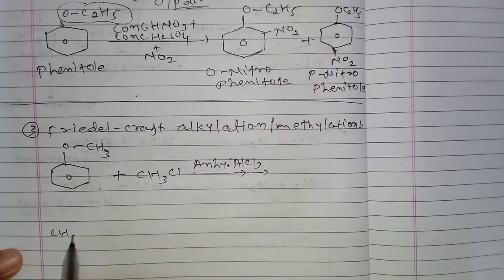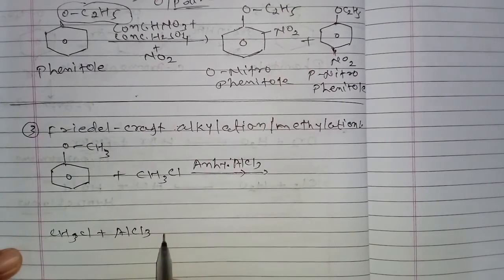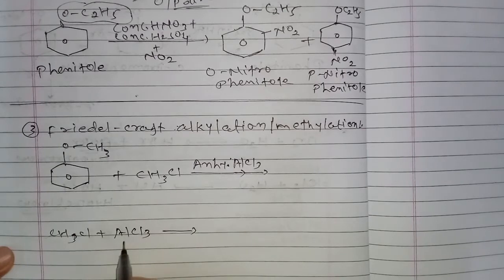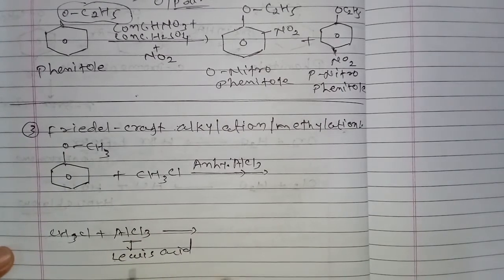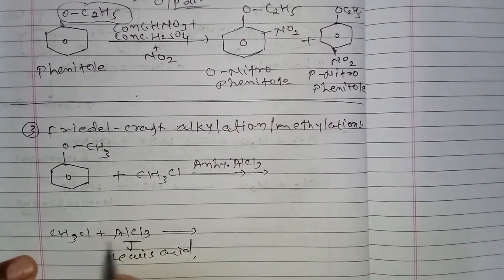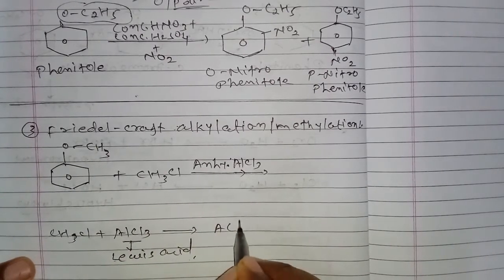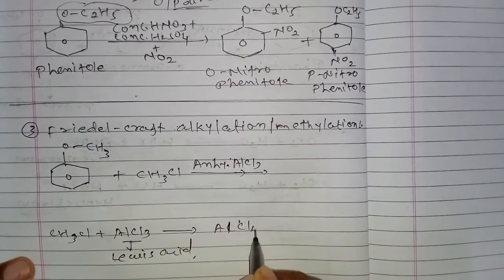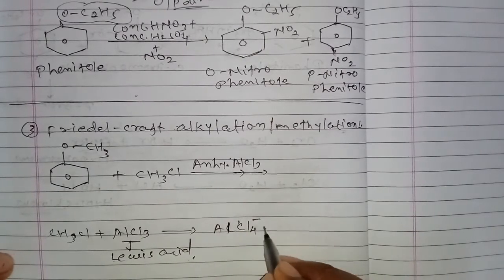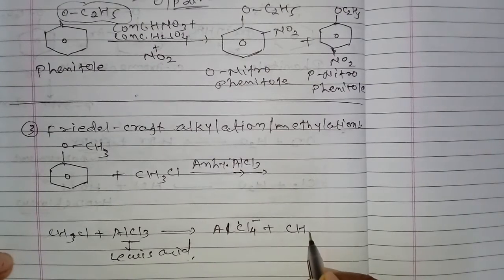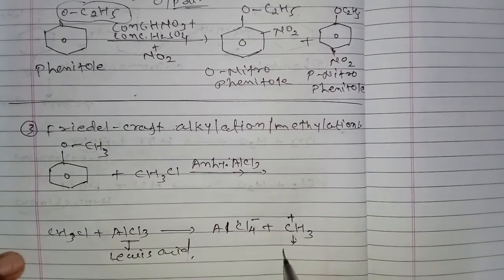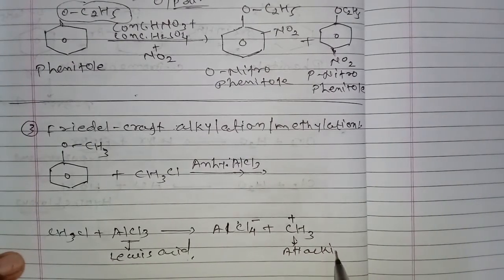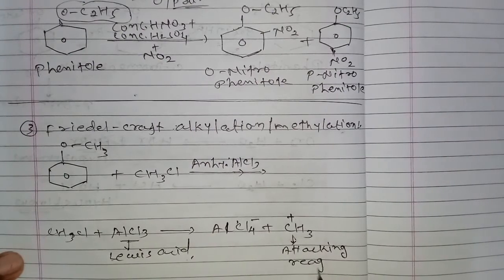Methyl chloride reacts with aluminum trichloride. Aluminum trichloride is a Lewis acid, so it forms AlCl4 minus and CH3 plus, which is the attacking reagent.